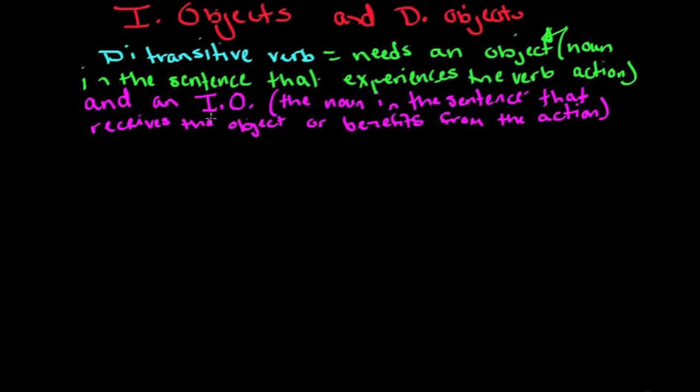Okay, so now we have the definition of indirect object and object. So let's take a look at an example.